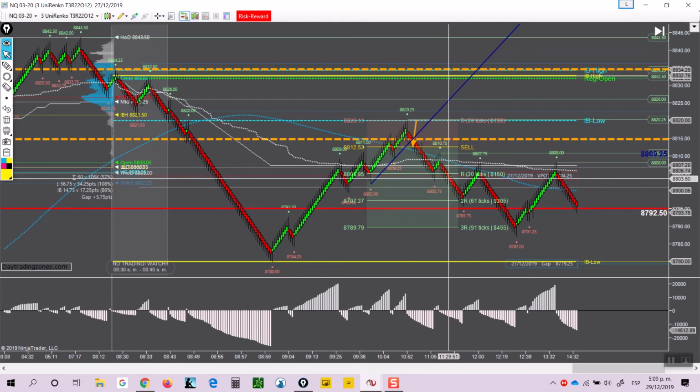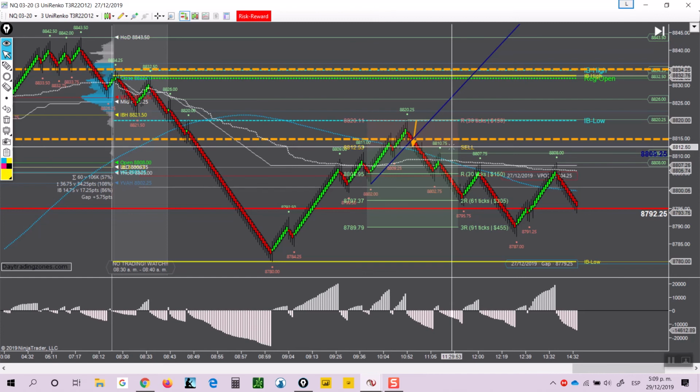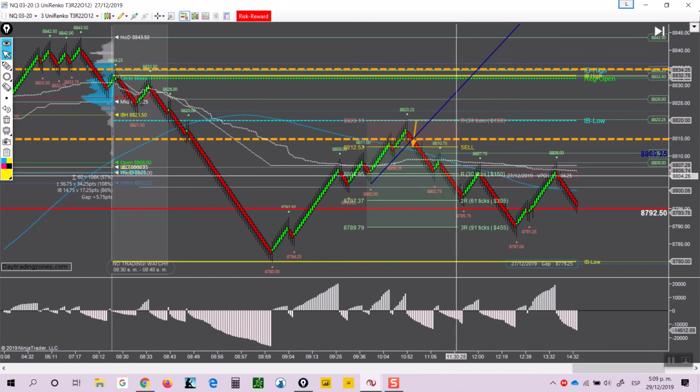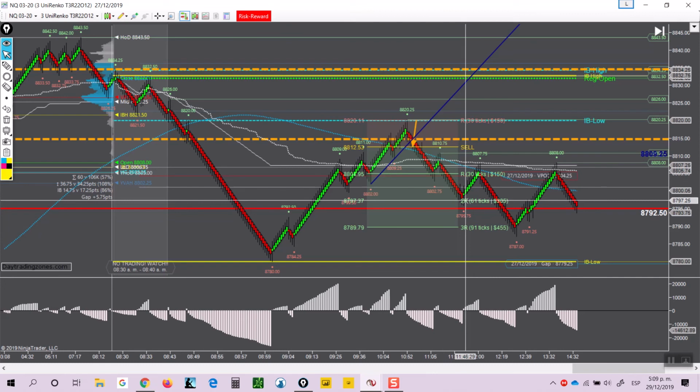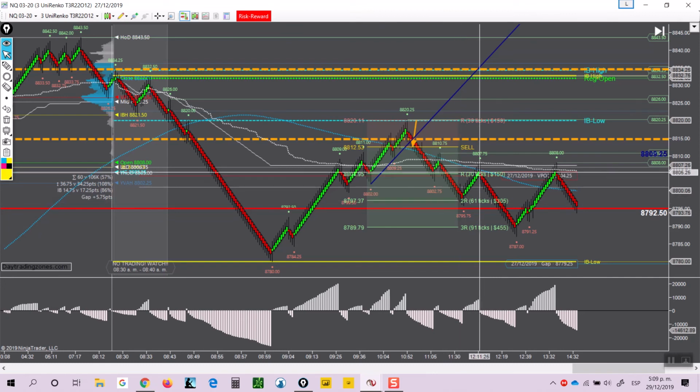Then as soon as we close below that 1-to-1, the stop loss is moved to break even. So now you are in a free trade ride, and you don't have anything to lose. Then price goes and touches your 2-to-1, and then reverses.